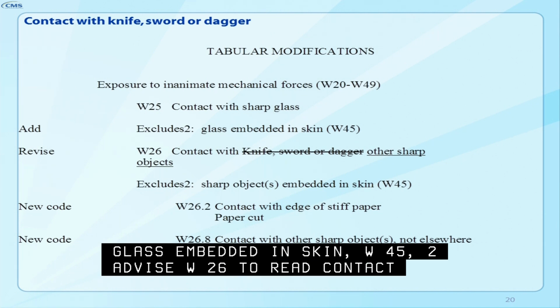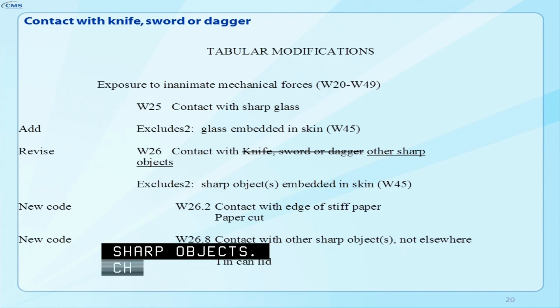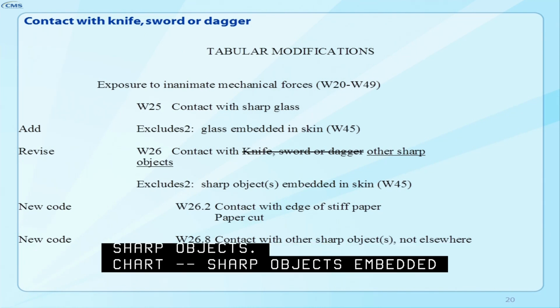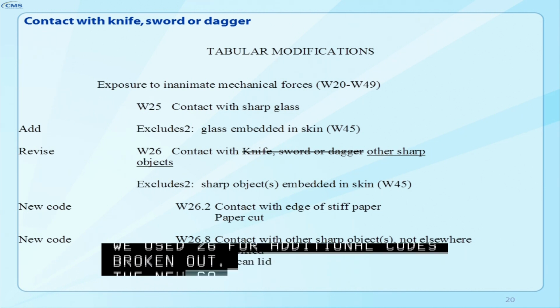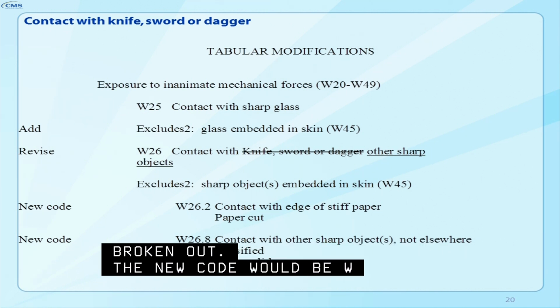Under that W26, this is where the additional codes would be further broken out, and the new codes would be W26.2, contact with edge of stiff paper with the inclusion term paper cut.